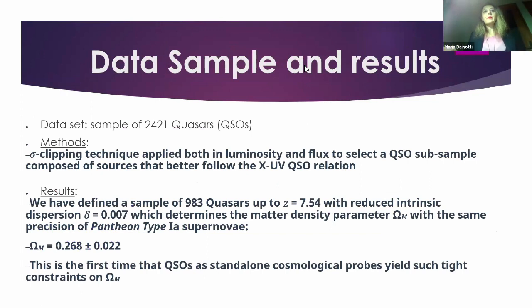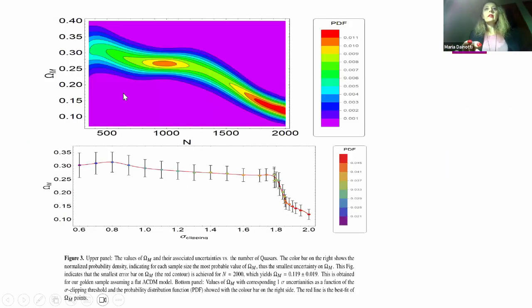In this case, it is the X-ray optical luminosity relationship, and these results show us that if we perform this method, we have 983 quasars that have a very, very small dispersion, and with this reduced uncertainty, then we have reached the same precision of the Pantheon sample. Now, this is the analysis.